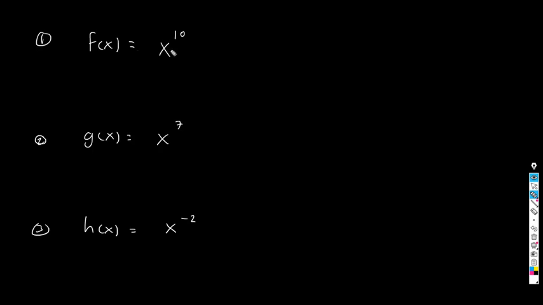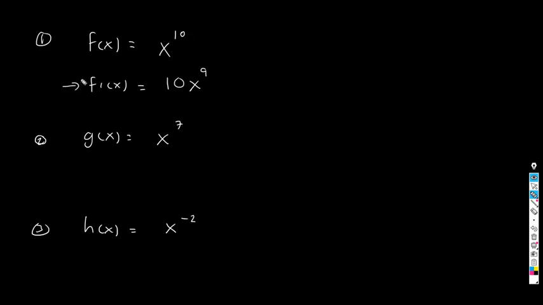Okay, so in this case, I just apply the formula. The derivative of f, which is this, is going to be simply the exponent that we had before, which was 10. So this exponent is dropped down, so to speak. Okay, it becomes a coefficient of the x, so to speak. So it's going to be 10 times x raised to the 9, because it's one less than the exponent before.